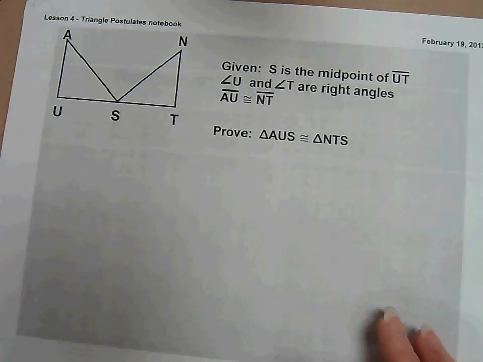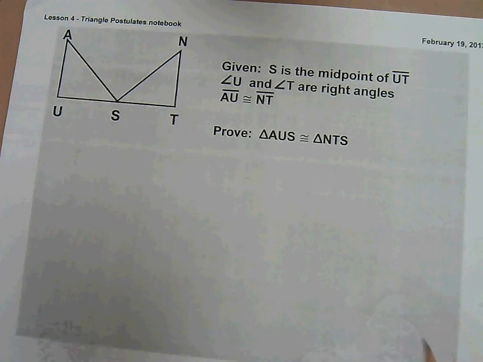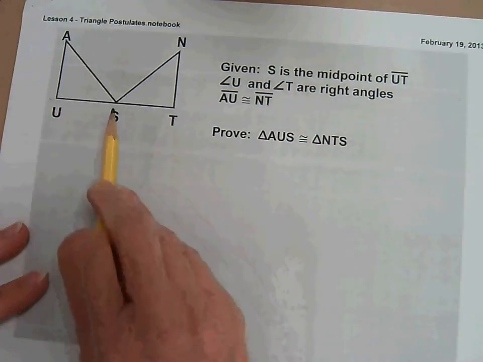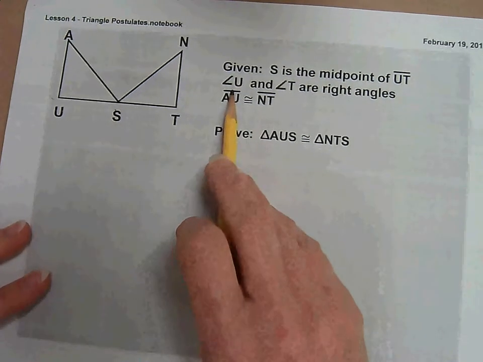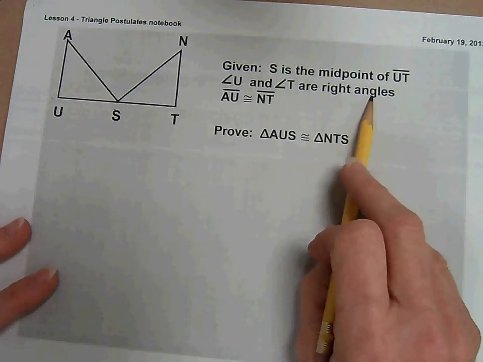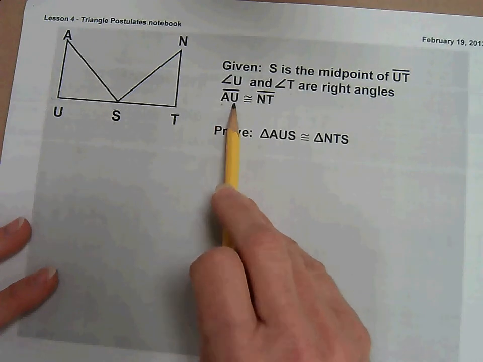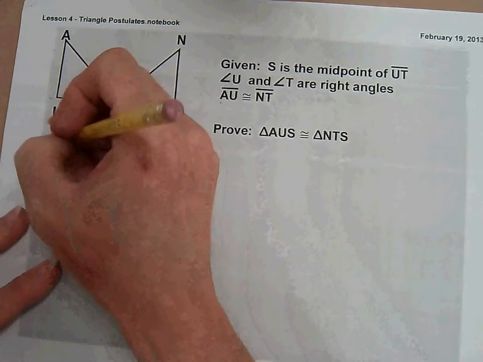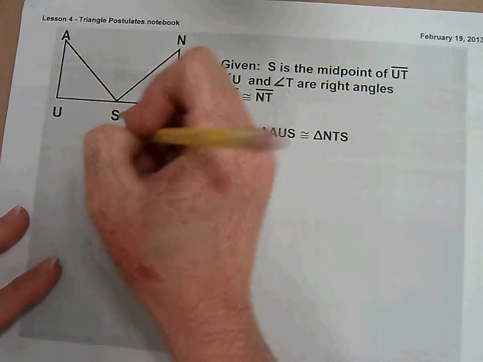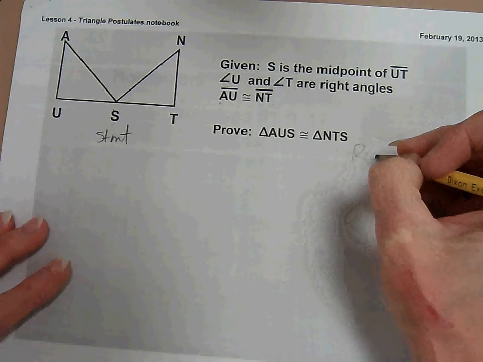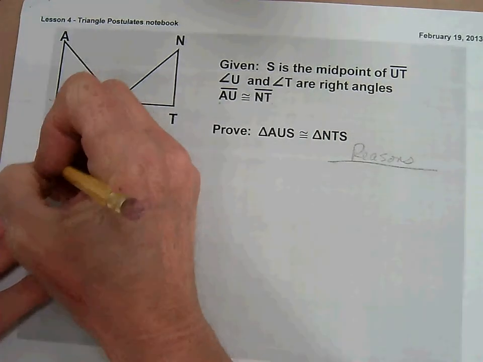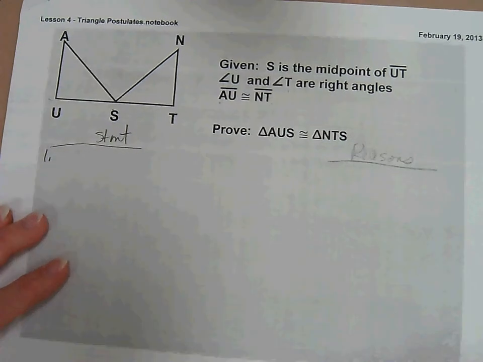Okay, triangle congruence proofs. We're given that S is the midpoint of UT, here's UT, there's S. Angle U and angle T are right angles. Segment AU is congruent to segment NT. So for our first statements and reasons, of course, the first statement of every proof you ever write in your life is going to be the given.